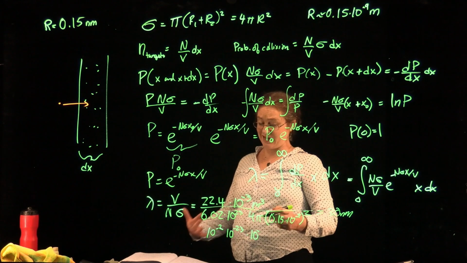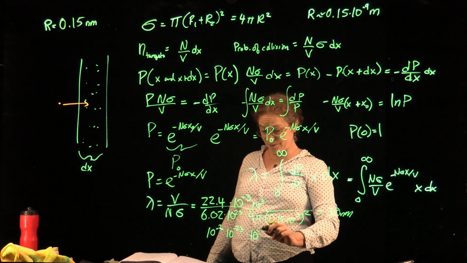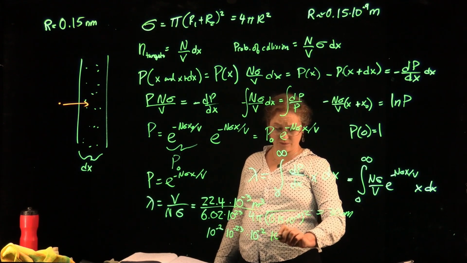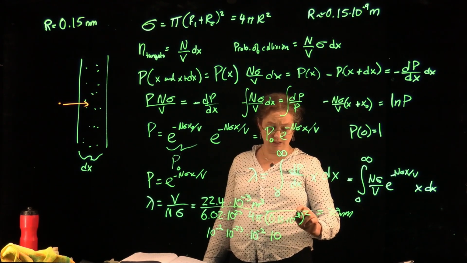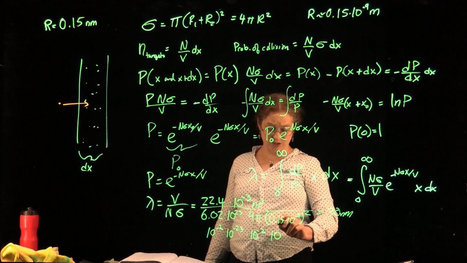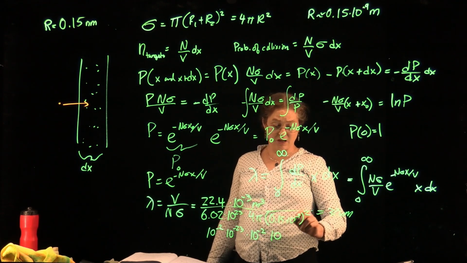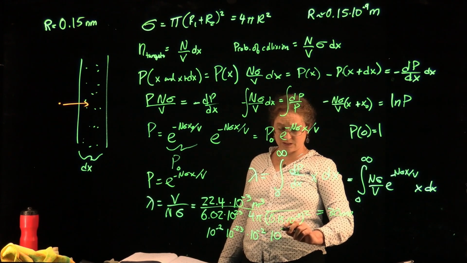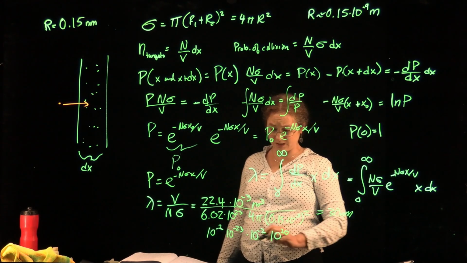So I'm going to call that another 2 orders of magnitude on the bottom. And then here I have 10 to the negative 9th, actually it's really 10 to the negative 10th, squared, and it's in the denominator, so it's 10 to the positive 20th.